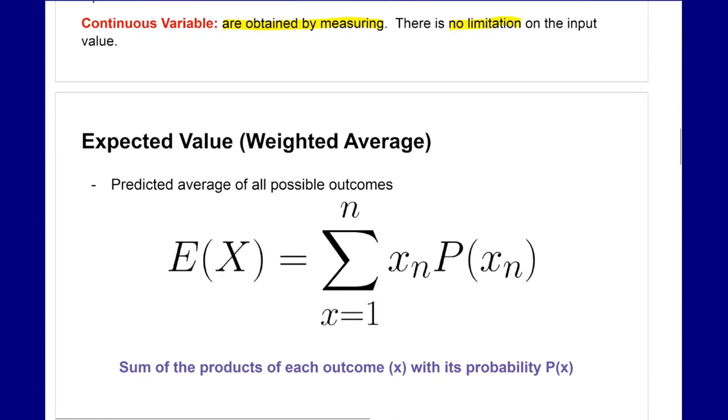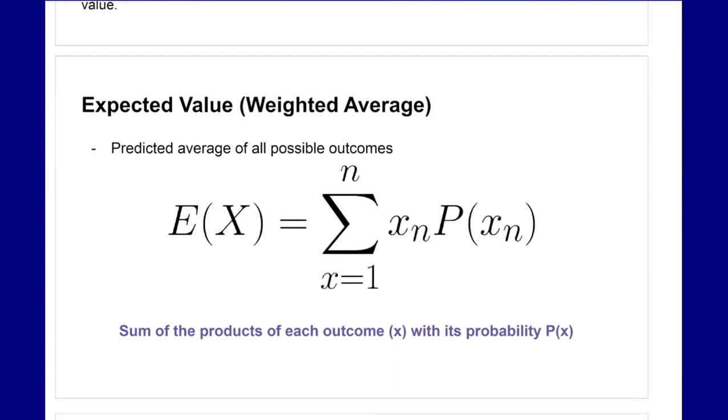When we're looking at the probability distribution, the other thing that we can look at is the expected value, or what we call the weighted average. This is predicting the average of all possible outcomes, or what we can expect to happen in our scenario. Looking at the terminology, E(X) is our expected value. This giant letter is sigma, which means sum of.